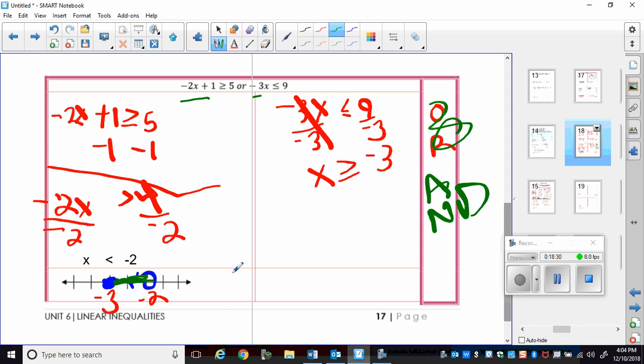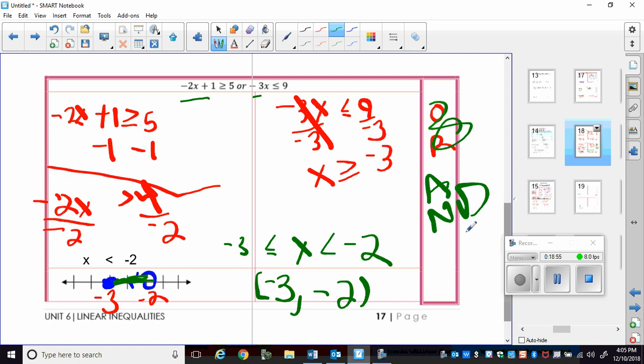That means my interval notation is negative 3, hard bracket because of the filled in circle, comma, negative 2. And we could even write the set notation as negative 3 is less than or equal to x is less than negative 2. Okay?